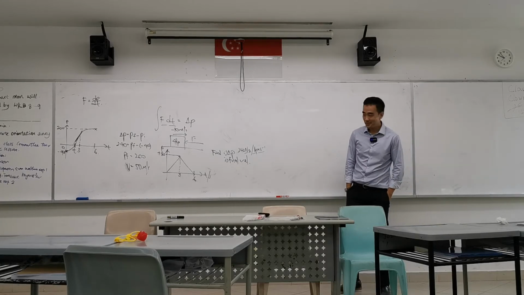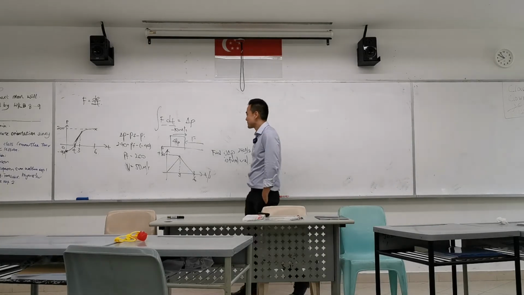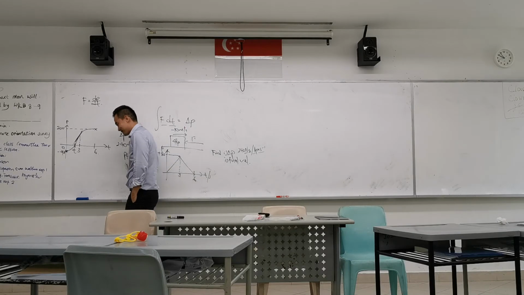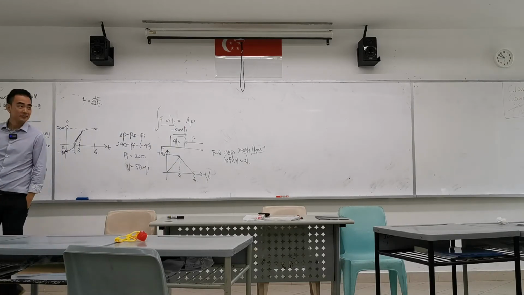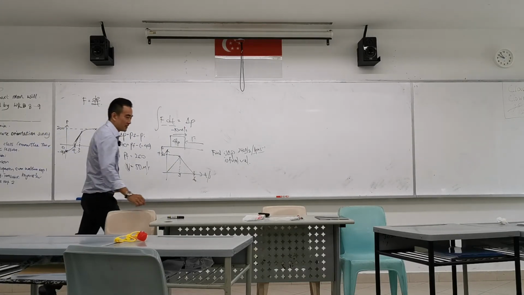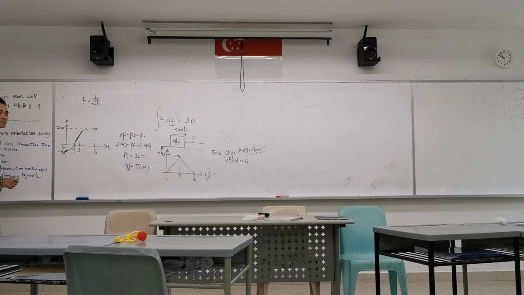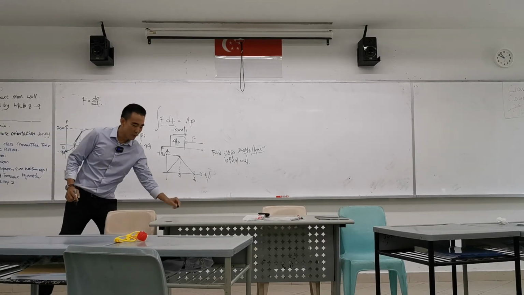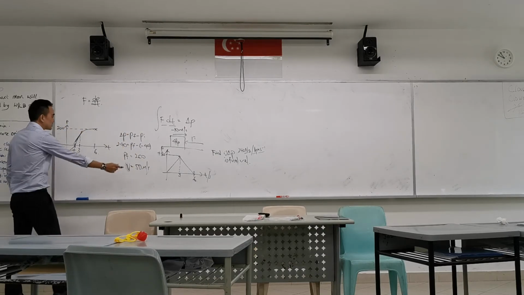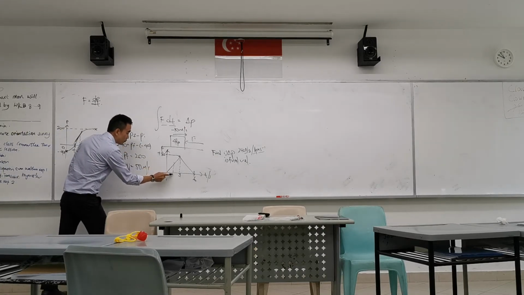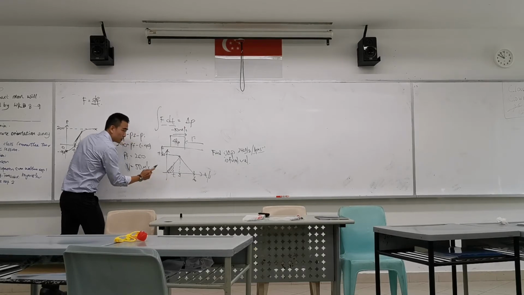One? You sure it's 1? I don't think it's 1. You need some working. You see, when the momentum is 0, what can you say? It happens at some time over here, t. What can you say about the area over here?